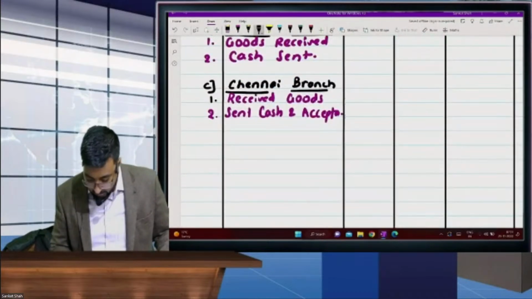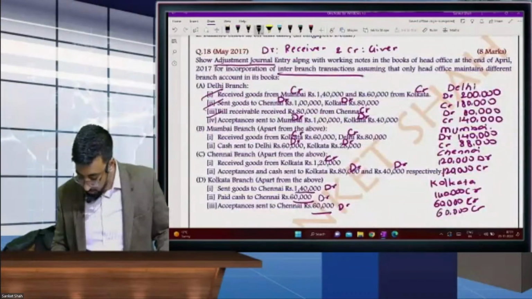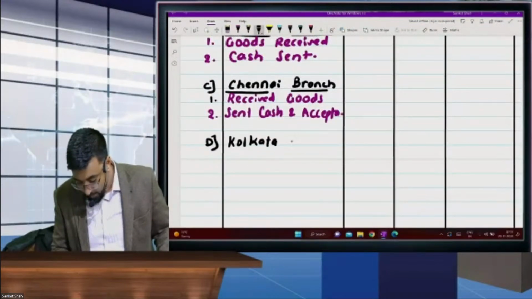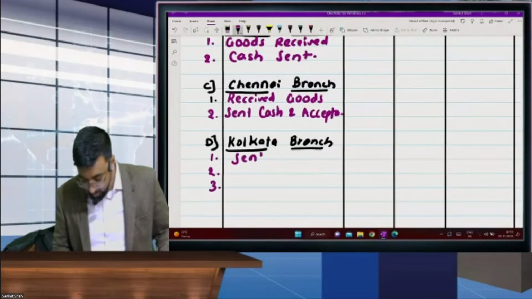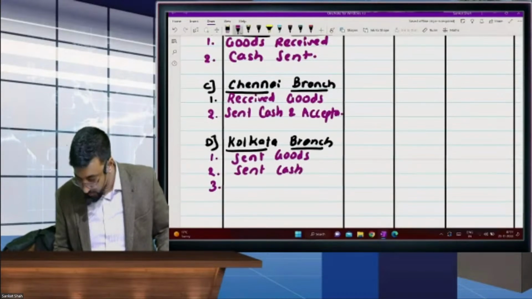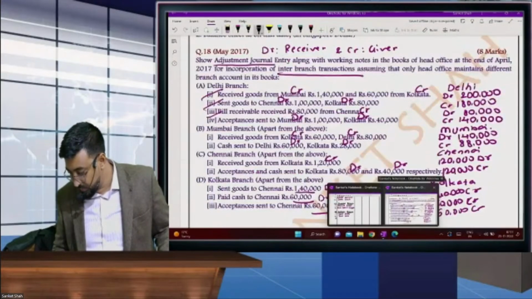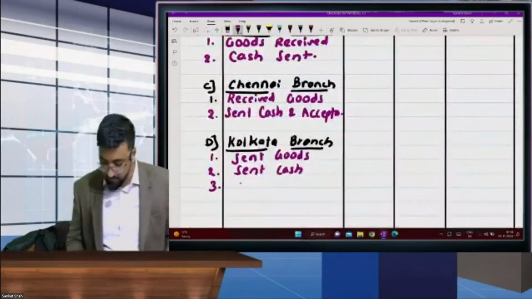And after one line D, Kolkata branch, sent goods, sent cash, and sent acceptance.